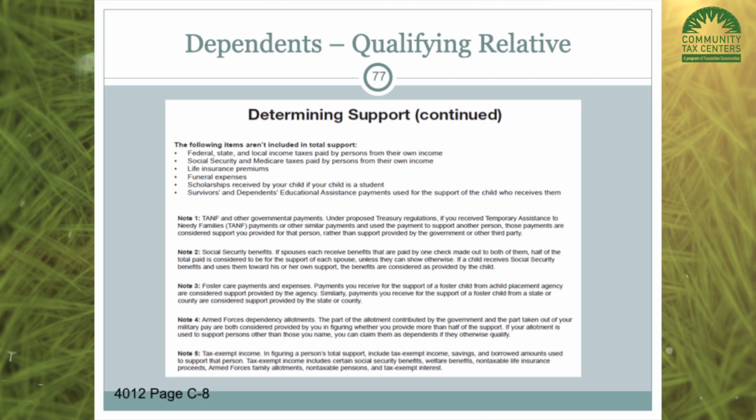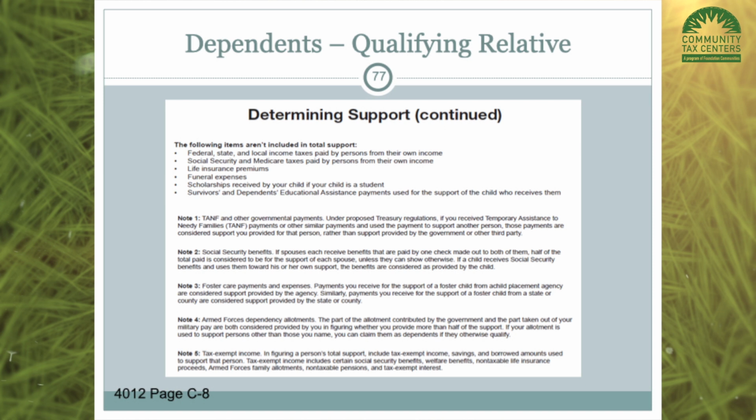For determining support on here, you'll see where it says the following items aren't included in total support: federal, state, and local income taxes paid by persons from their own income; Social Security and Medicare taxes paid by persons from their own income; life insurance premiums; funeral expenses; scholarships received by your child if your child is a student; survivor dependents educational assistance payments used for the support of the child who receives them.